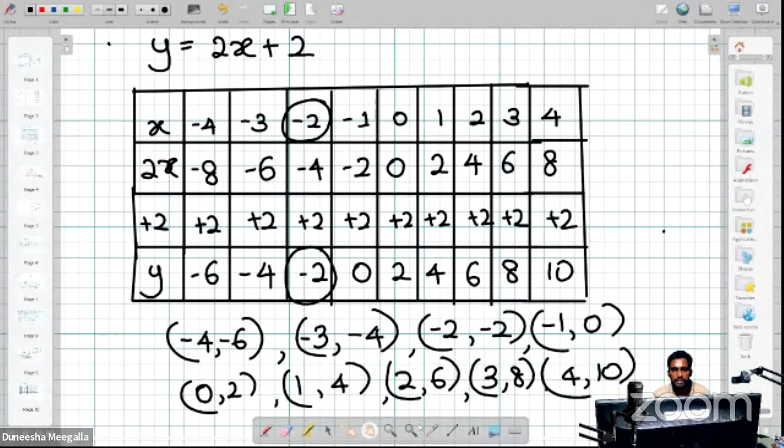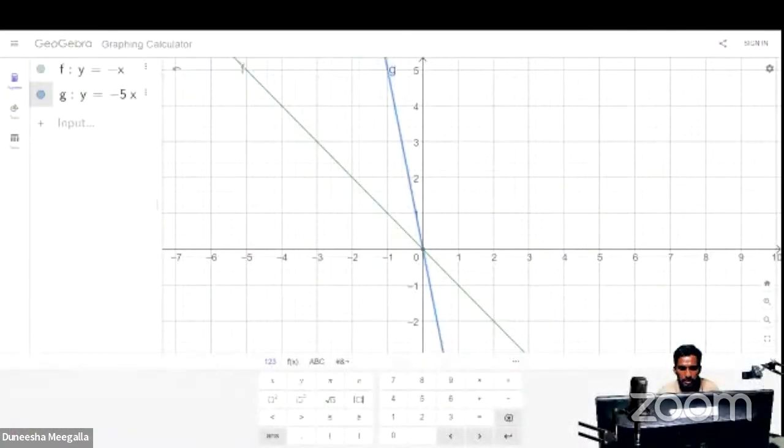Then we have to draw these coordinates in our graph. Let me show you first in the figure graph.